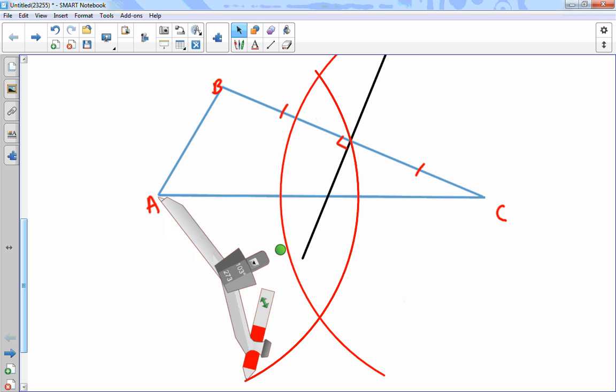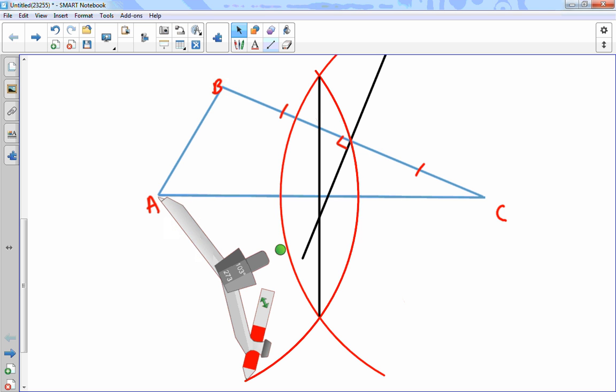Then take a ruler, and again, precision is important. Looking for something special, so make sure you are very careful. I'm going to move mine over just a little bit. That's good. Draw all the way through.